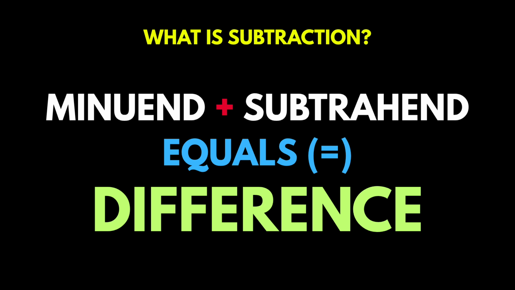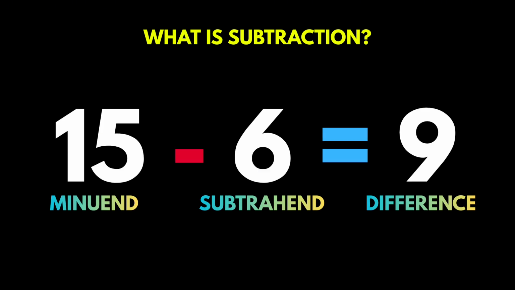Minuend, subtrahend, and difference. 15 is the minuend, 6 is the subtrahend, and 9 is the difference. On a test, if they ask for the difference between 15 and 6, they are asking you to subtract. The word difference is one of the top keywords for subtraction. If you see it, subtract.